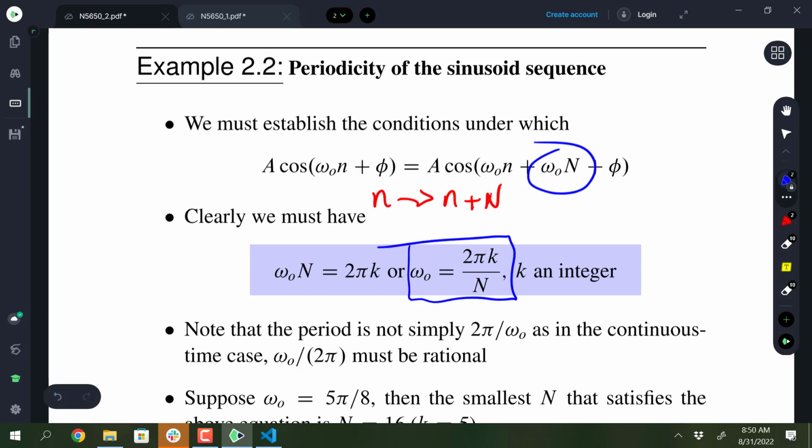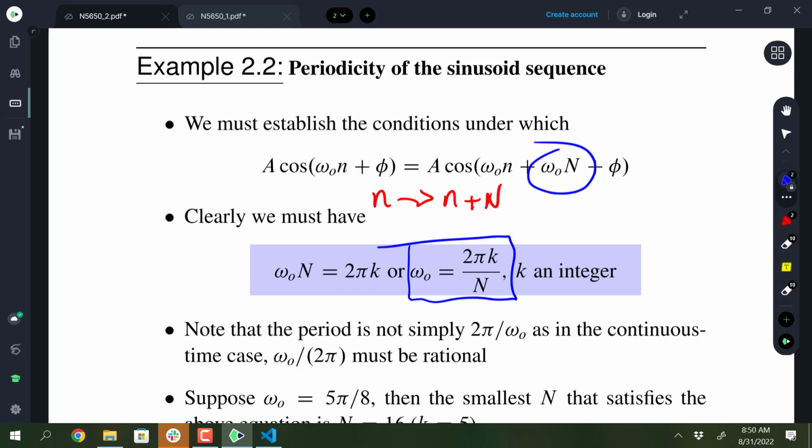omega naught is constrained not to be any number we choose, which in the case of a continuous time cosine or sine wave makes it periodic under all circumstances. We'll see in the case of a discrete time sine or cosine sequence, omega naught has to be chosen such that it's 2 pi times a ratio of two integers, k over n, where the denominator is going to be the period.